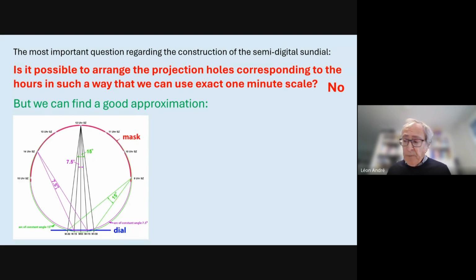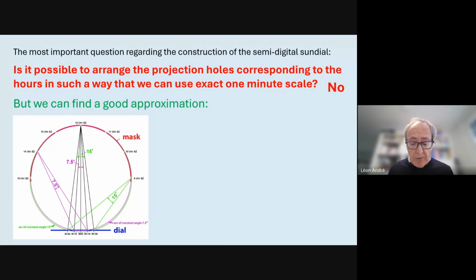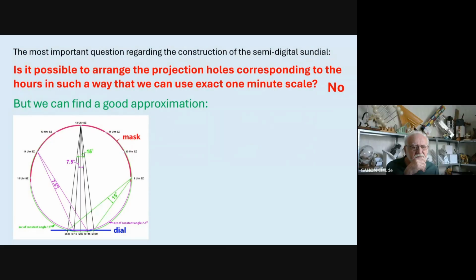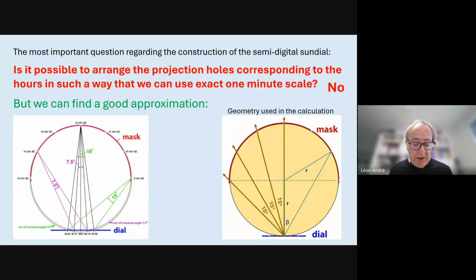At school, we learned that the chord of a circle is seen at the same angle from any point of an arc. This is exactly what we need. The angular velocity of the sun is 15 degrees per hour.